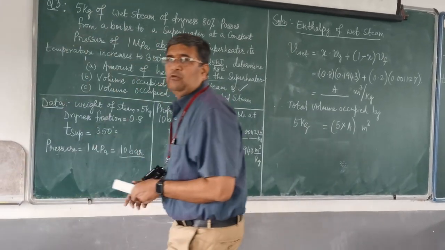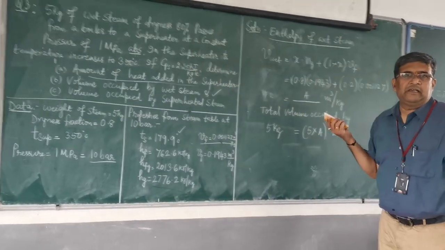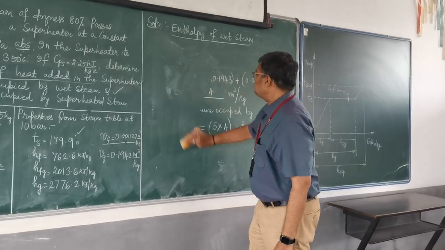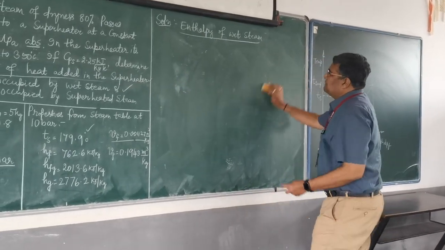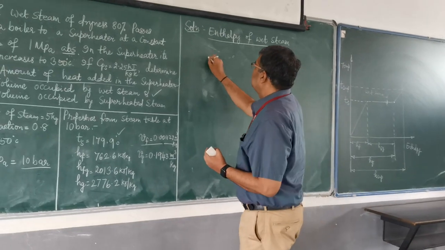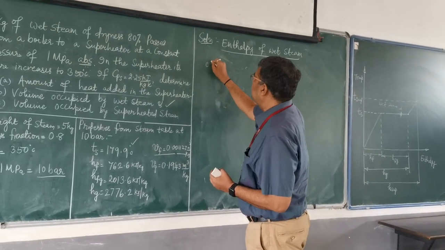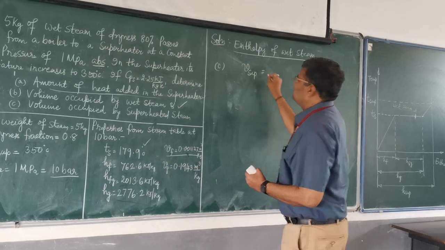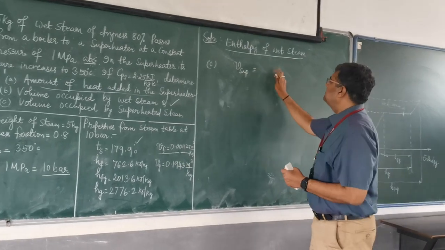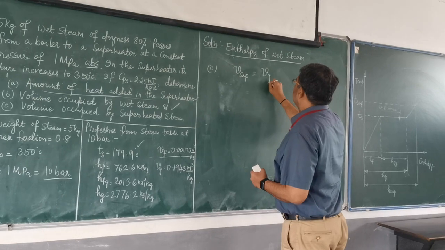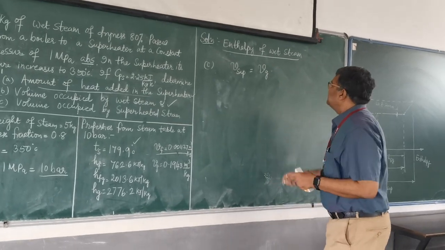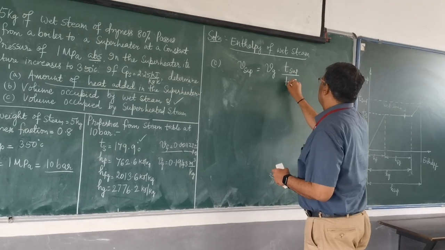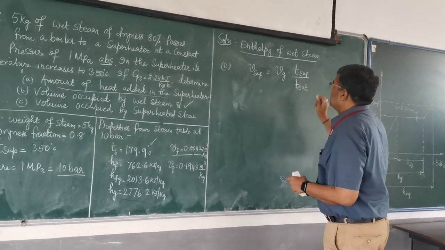Now how do we find out the volume? We know that superheated steam behaves like a perfect gas. So in this case, for the third case, that is C, the specific volume of superheated steam, we write it as Vg into the ratio of temperatures.